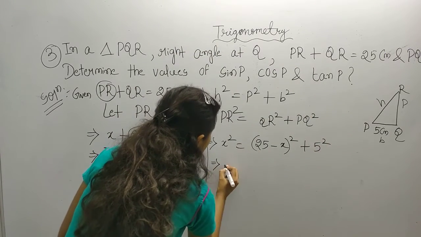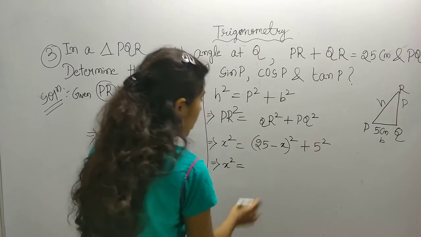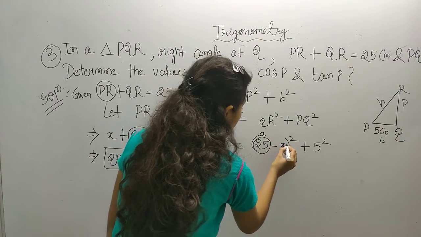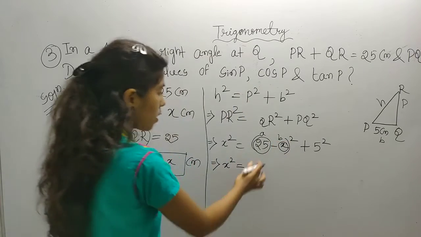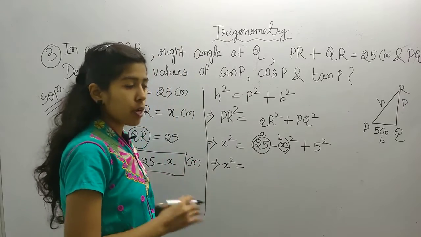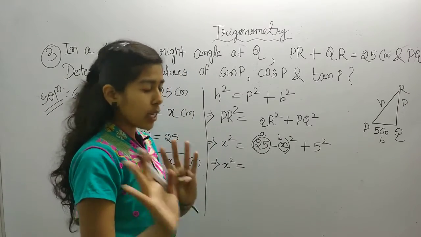That implies x square equals, here you see, you can say 25 is A and x is our B, that means A minus B whole square. What is the formula of A minus B whole square? A square plus B square minus 2AB.